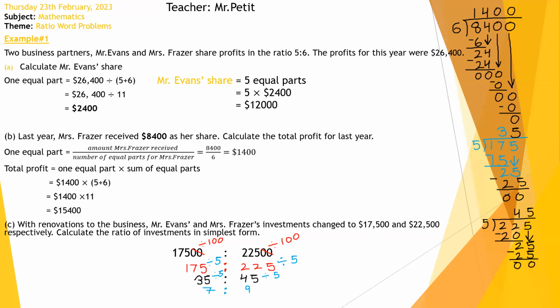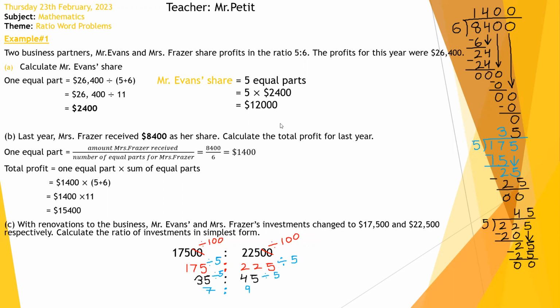And how do you know you have 5 equal parts? Because in the ratio, Mr. Evans comes first, so he gets the 5. Okay, good.